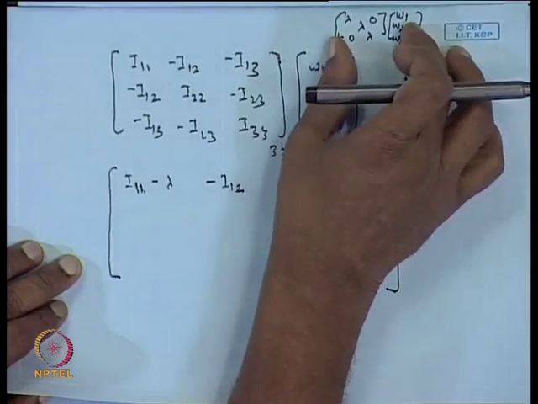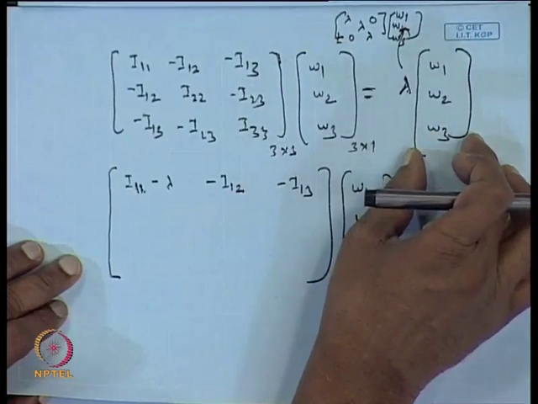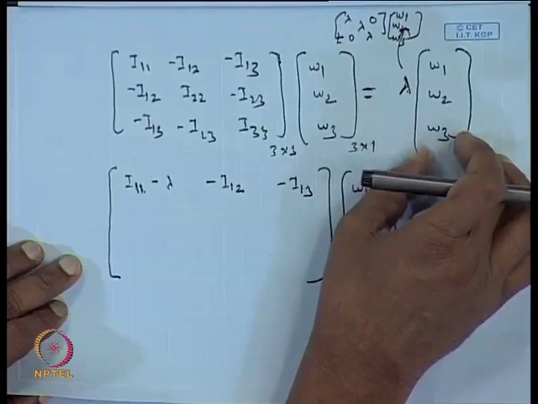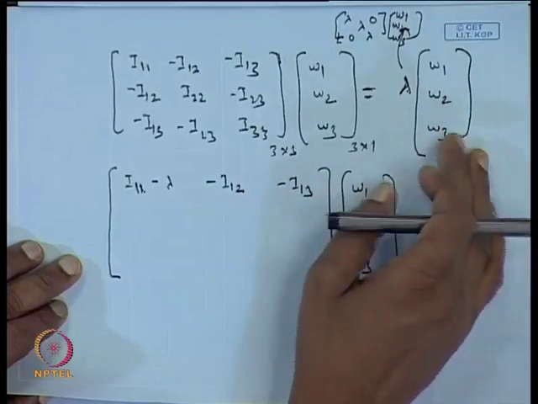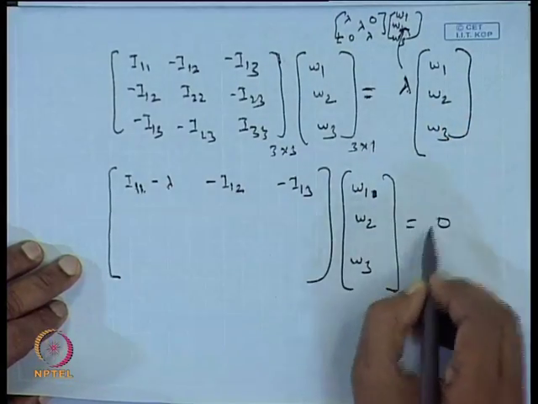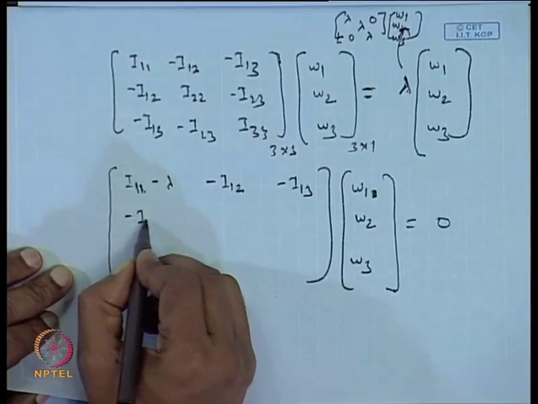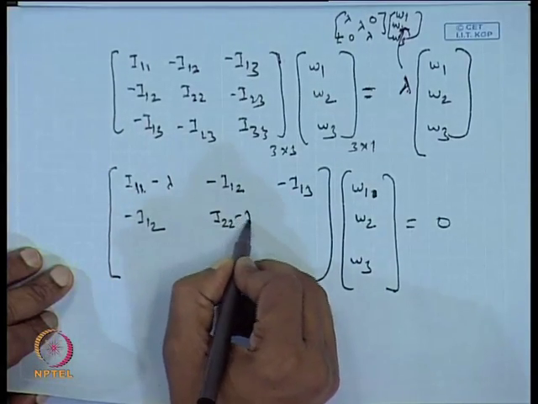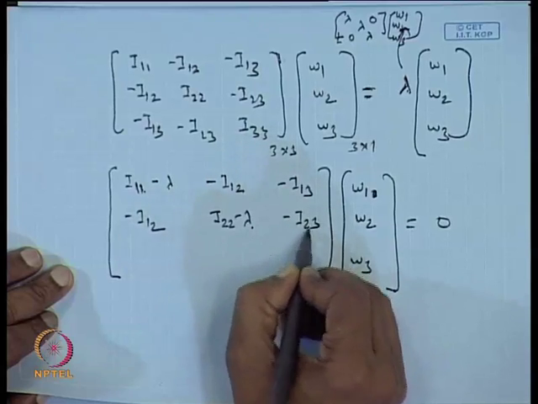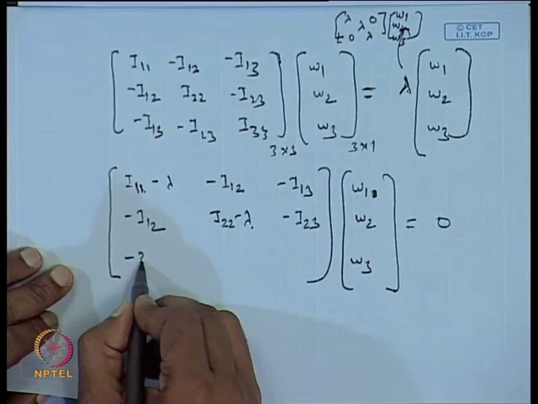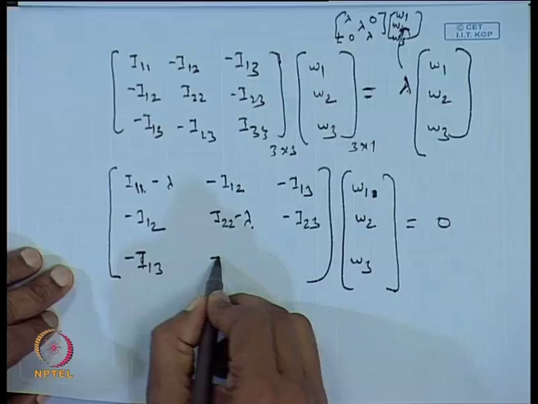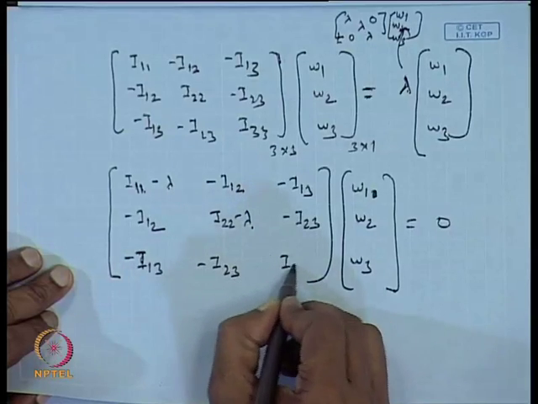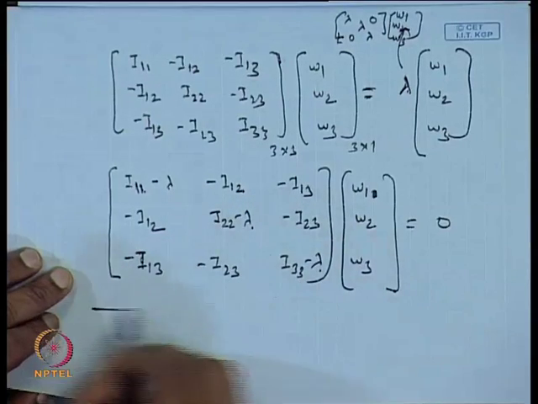So, this matrix is equivalent to this vector multiplied by lambda. Now you subtract it, and this quantity will turn out to be 0 on the right hand side. So, I 22 minus lambda, minus I 23, minus I 13, minus I 23, and I 33 minus lambda.